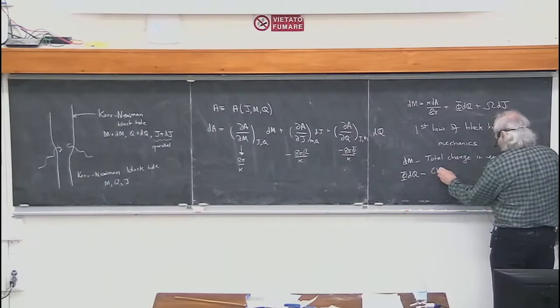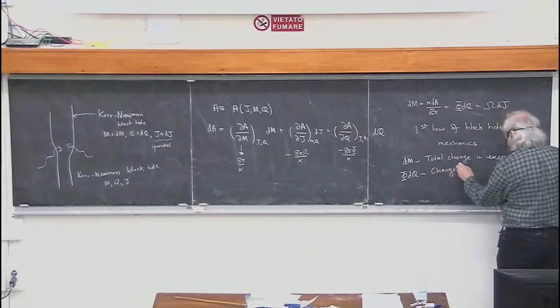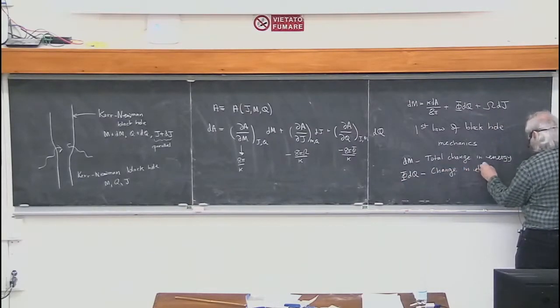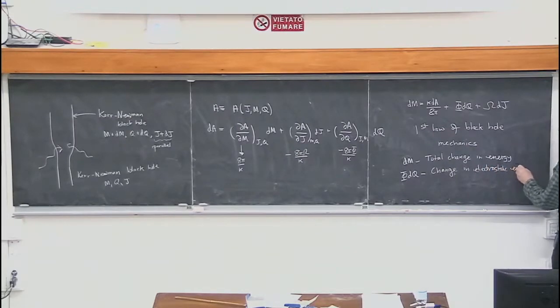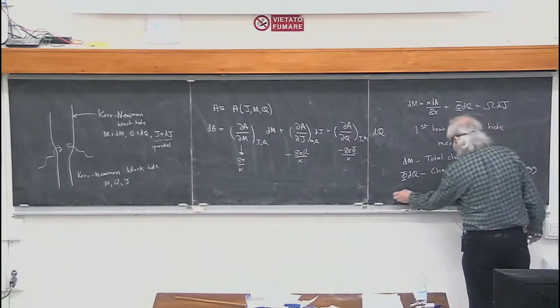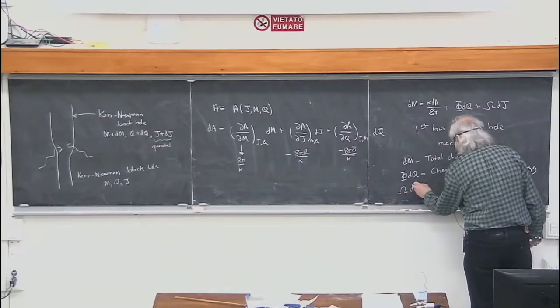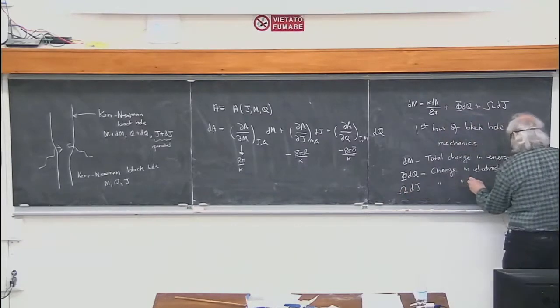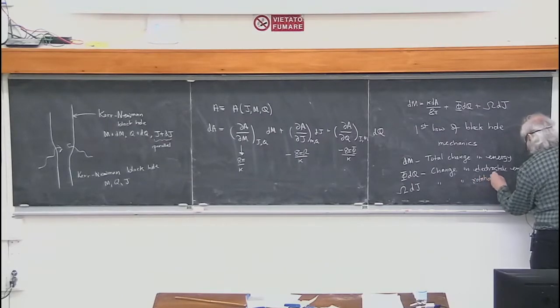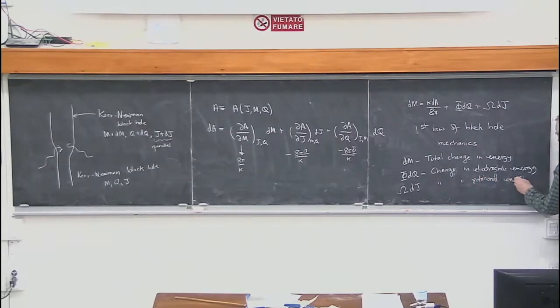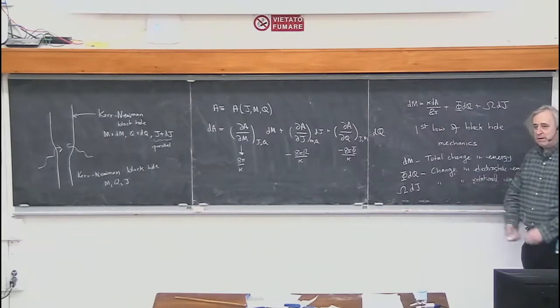This is the change in electrostatic energy for any system. Omega dj is the change in rotational energy of the system. Which leaves you wondering what kappa dA over 8 pi is.